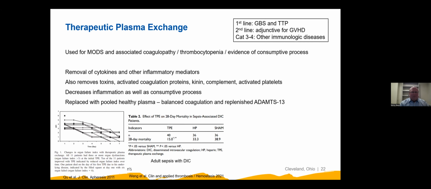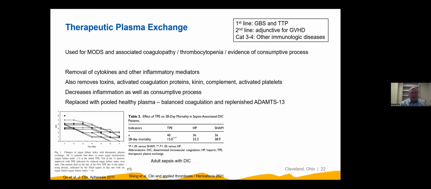And the plasma exchange group did have an improvement in mortality. And so potentially there's something here for a specific population of patients, specifically those with either DIC or coagulopathy, who could benefit from a therapeutic plasma exchange.